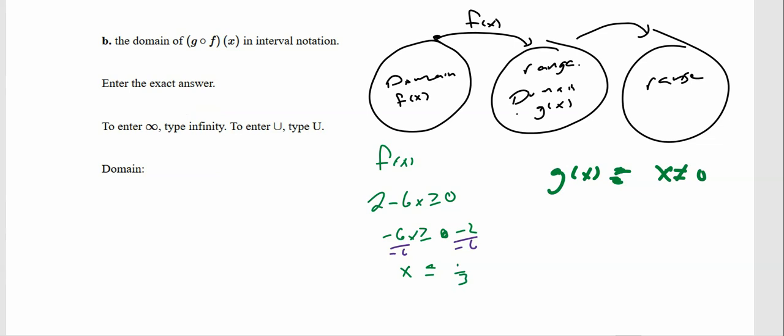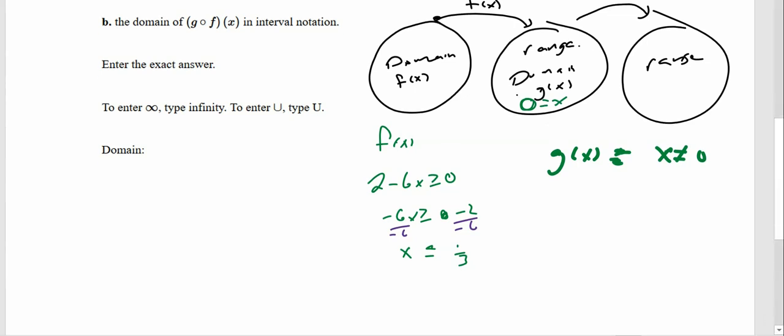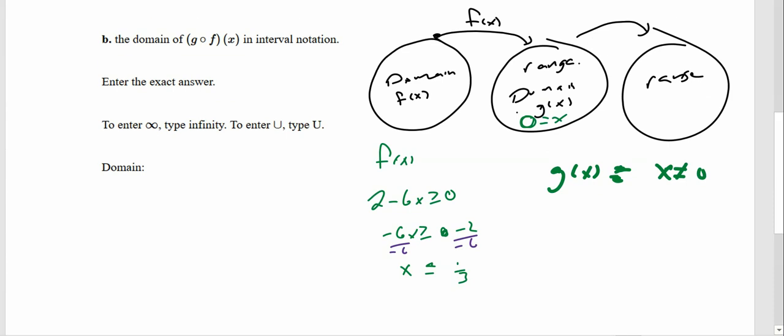You can't just combine these two domains, because what's happening is that in here is where you can't have the 0, after you've already done something with it. If you exclude 0 and do this step by step, if you evaluate f at 0, that's going to be the square root of 2, and then you would come up with negative 5 over square root of 2.